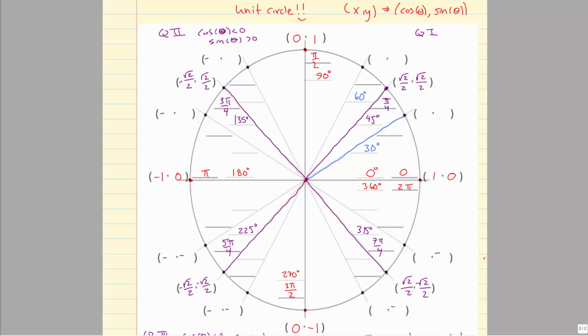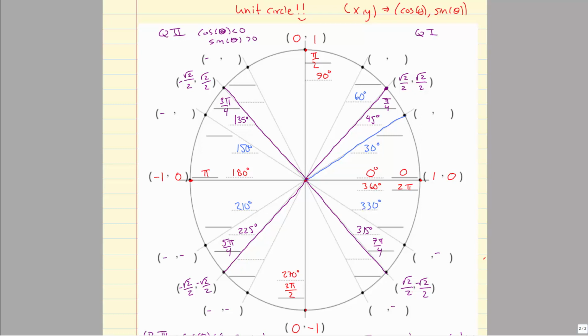I'm really talking about who has reference angles of 30 degrees. So if we keep working around the unit circle, 60 plus 60 would be 120, but the reference angle would be 60. Another 30 would be over here at 150 degrees. Another one would be here at 210. And let's see, here's another one at 330.